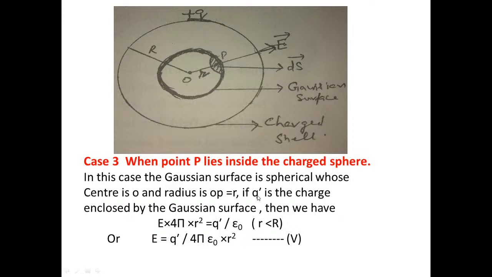In this case, the Gaussian surface is spherical whose center is O and radius OP is equal to r.